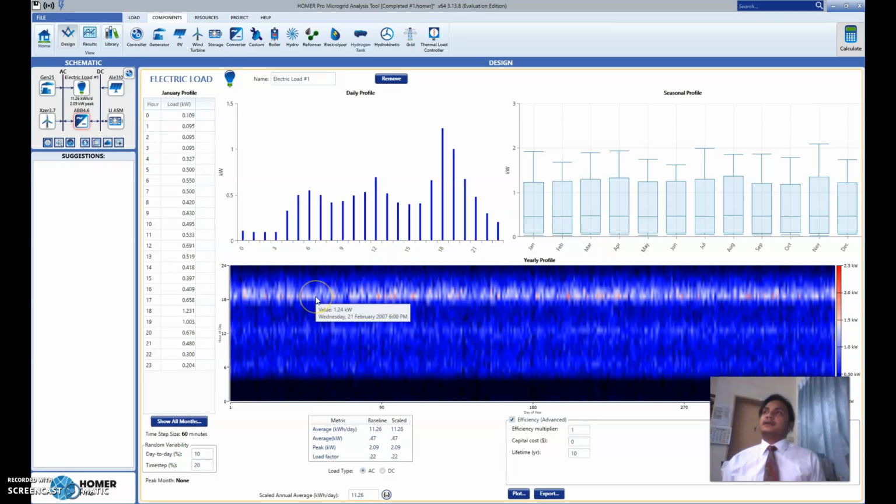In this electric load result, we simulate a daily profile, the seasonal profile, and the yearly profile.